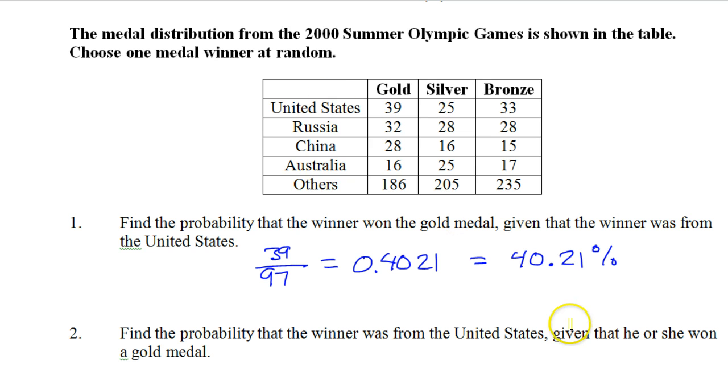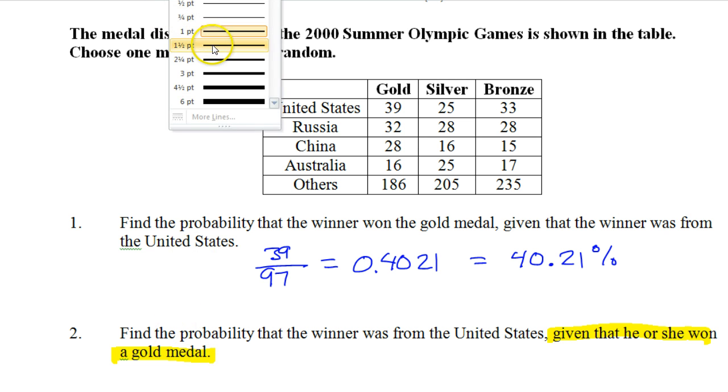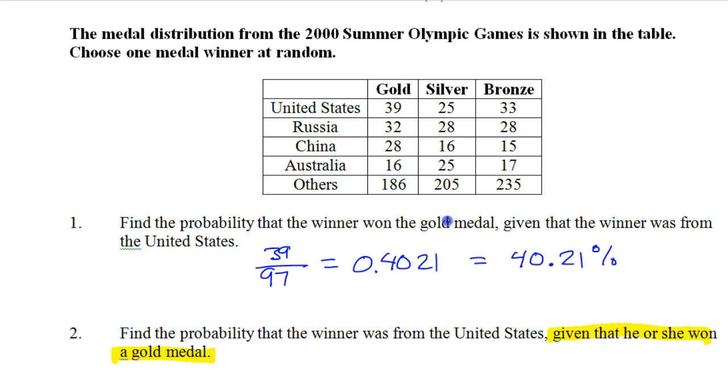So look at what we're given. Because we're talking about a gold medal, let's circle that part of the chart. We're given that he or she won the gold medal, so we can forget about the rest of the data. Let's cross it out so we won't be tempted to use it.